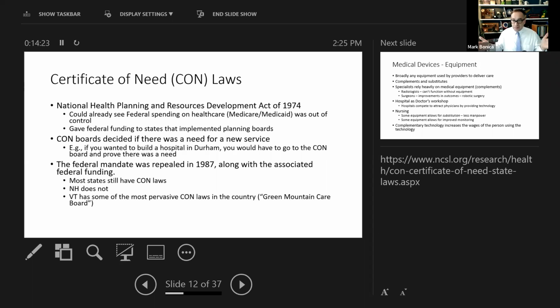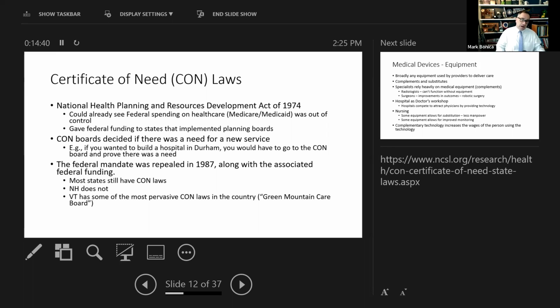And you know what? When a hospital gets built, people use it. So not only were Medicare and Medicaid already getting out of control just 10 years into their lives, but all these additional healthcare resources the government had built were really expensive.